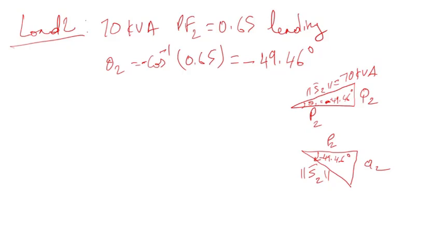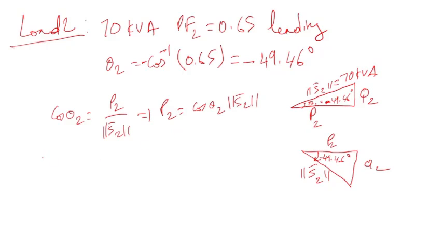So cosine theta 2 is equal to P2 divided by S2. That means P2 is equal to cosine theta 2 times S2.